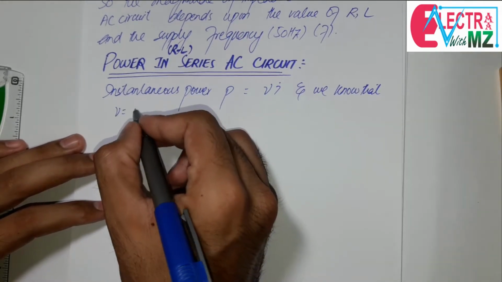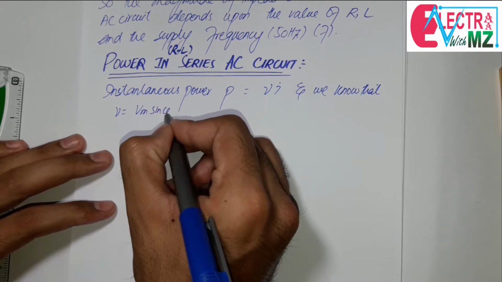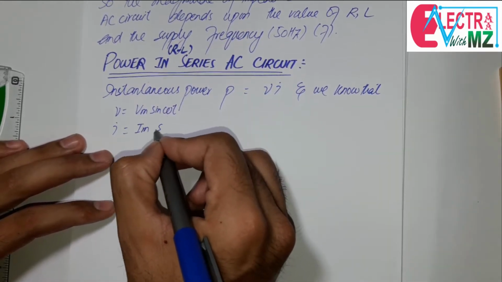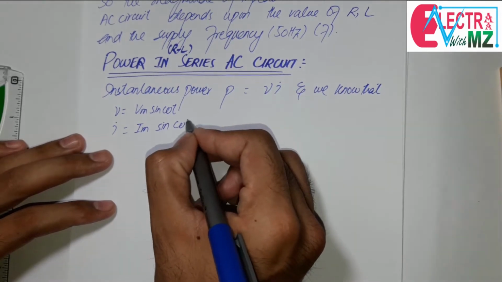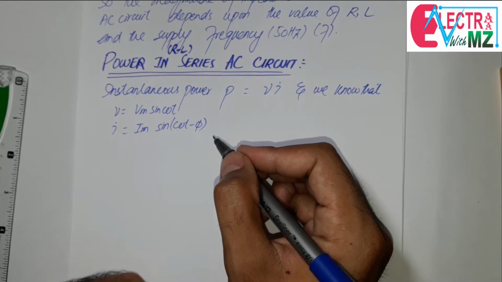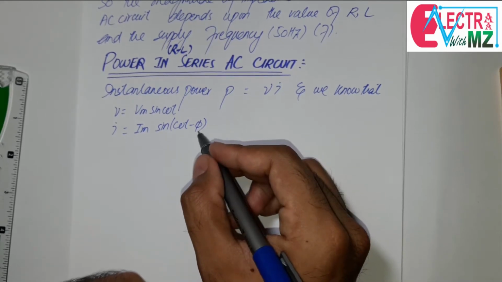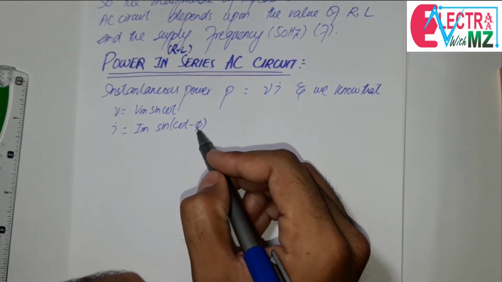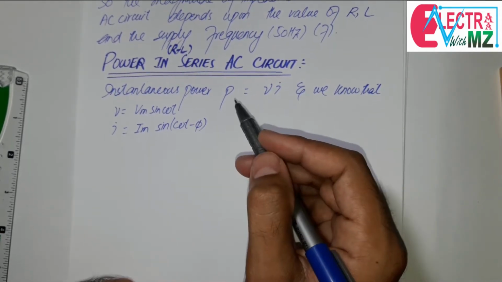V is equal to Vm sin omega t, and I is equal to Im sin (omega t minus phi), because in an inductive circuit the current is lagging behind the voltage by angle phi, or 90 degrees.